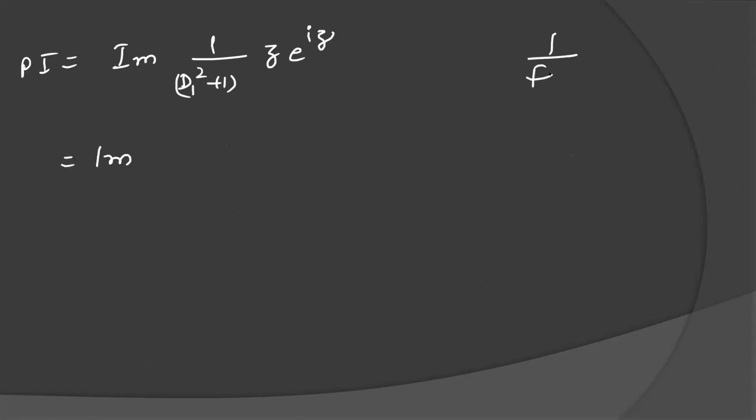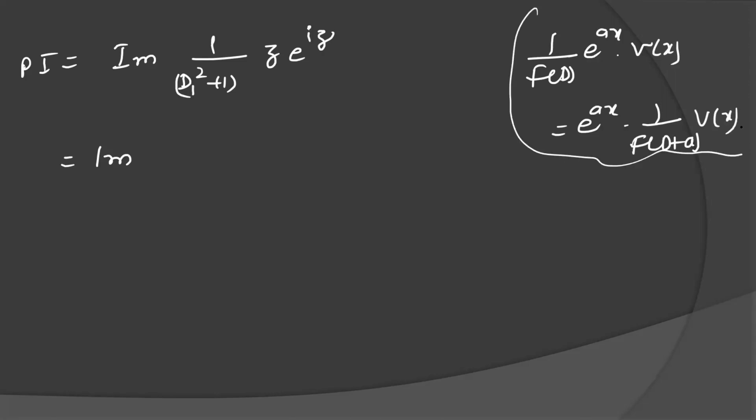I told you if I have 1 over f(D) into e to the power ax into v(x), then it was equal to e to the power ax into 1 over f(D plus a) into v(x). It means you can take the exponential function outside, but you have to use the shifting property. Similarly, you can take outside e to the power iz, but you have to use the shifting property. That will be D1 plus, what is a here?